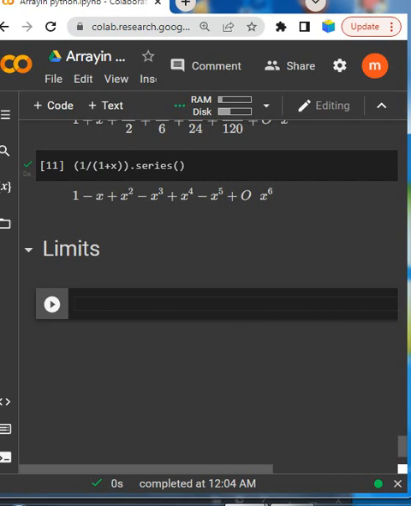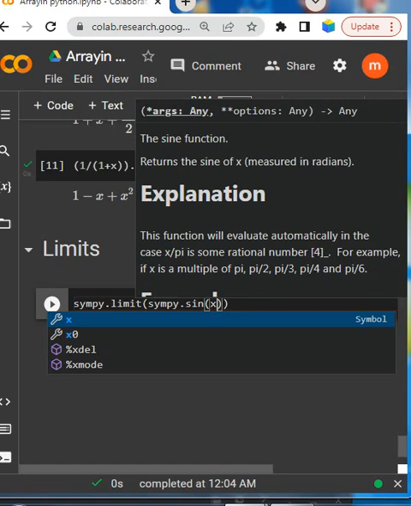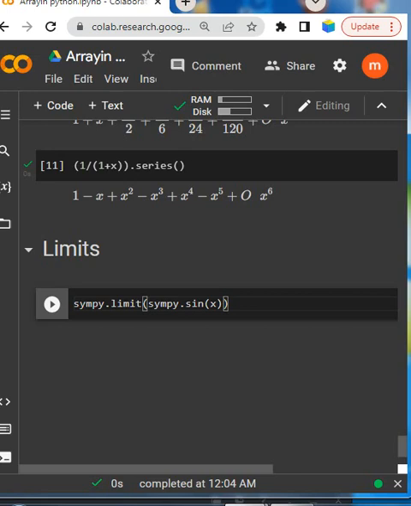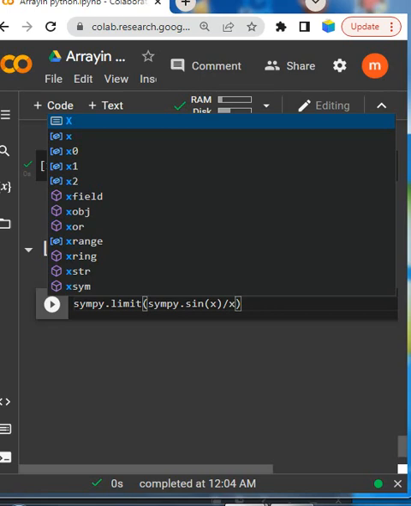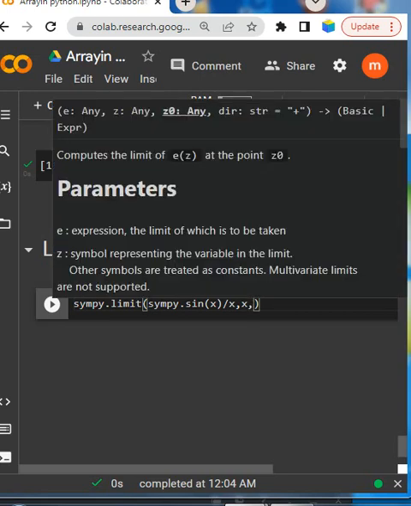So let's see, I try here sympy dot limit, and in brackets sympy dot sin x by x, sin x by x, which is an identity like this, then comma x comma 0, x tends to 0.